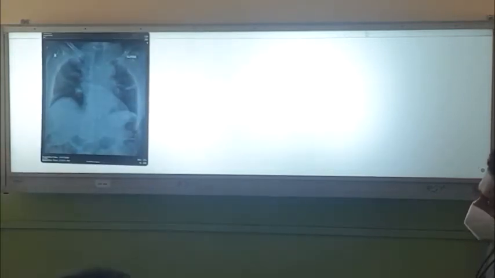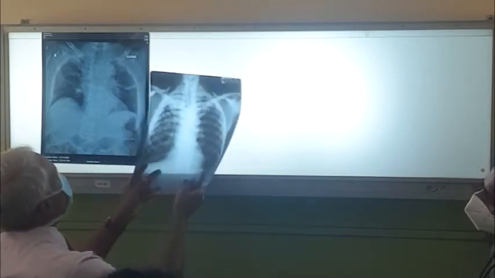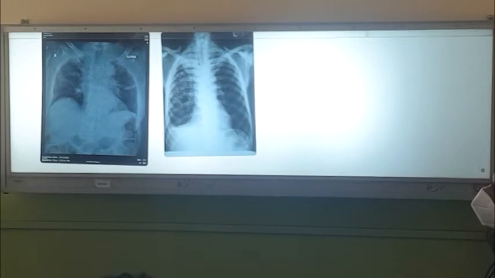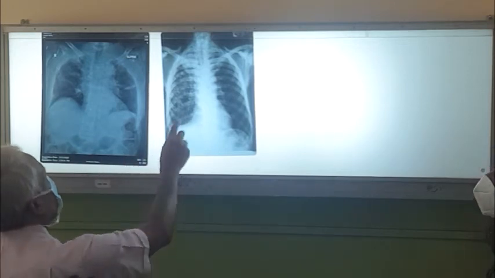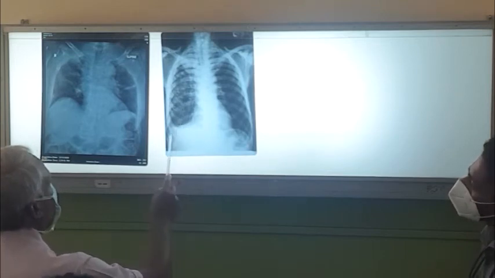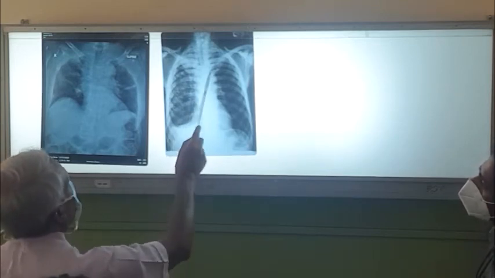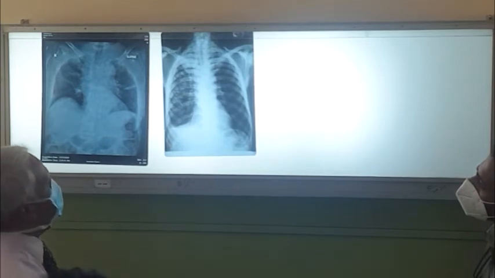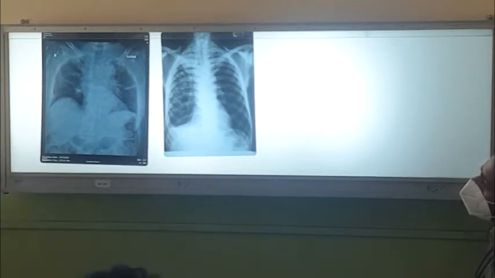Right, these two X-rays I am keeping to show something else, right? This is the patient with TB, and all these changes are TB, right? The pleural thickening, pleural fluid, and these patches, all these are due to sputum positive PTB. But that is not what I want you to see.